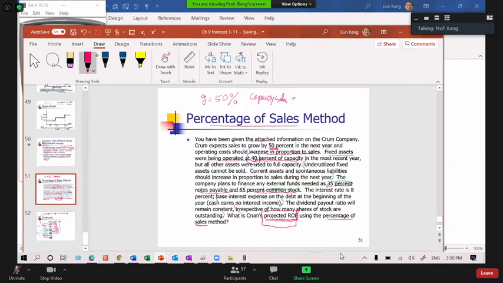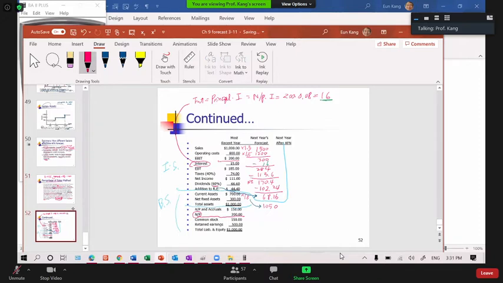You are reviewing steadily, that's good. Last year's sales is 1,000, divided by 40% capacity, 0.4. Then you have 2,500. That's the capacity sales. And you compare that with S1, which you already calculated, 1,000 times 1.5.